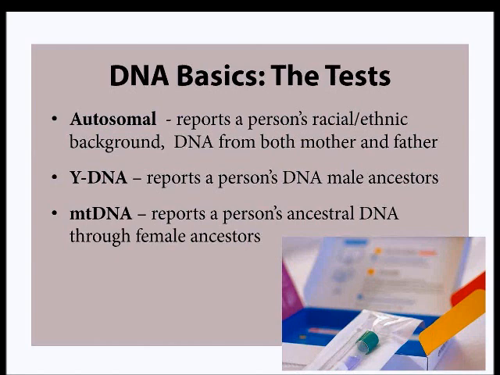And then we have MT, or mitochondrial DNA, which reports a person's ancestry through their female ancestors. Now, all cells have mitochondria, and its characteristics are passed on from the mother to the children of both male and female, but only the daughters can continue passing it down.